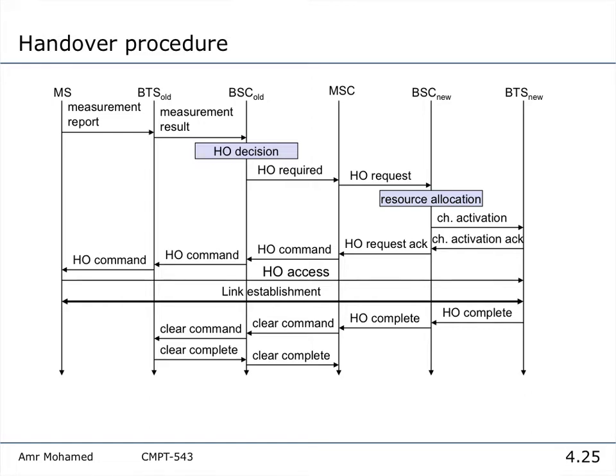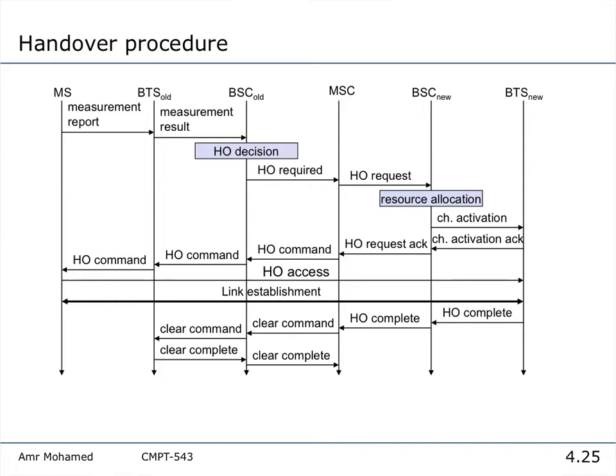So what happens is that the BTSs perform constant measurement of the channel between the BTS and all the mobile stations. This happens through sending some pilot signals, and then you receive the measurement report.